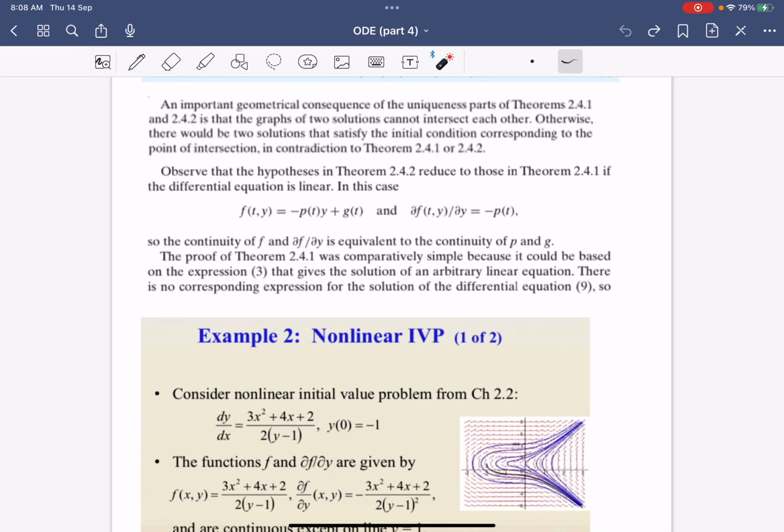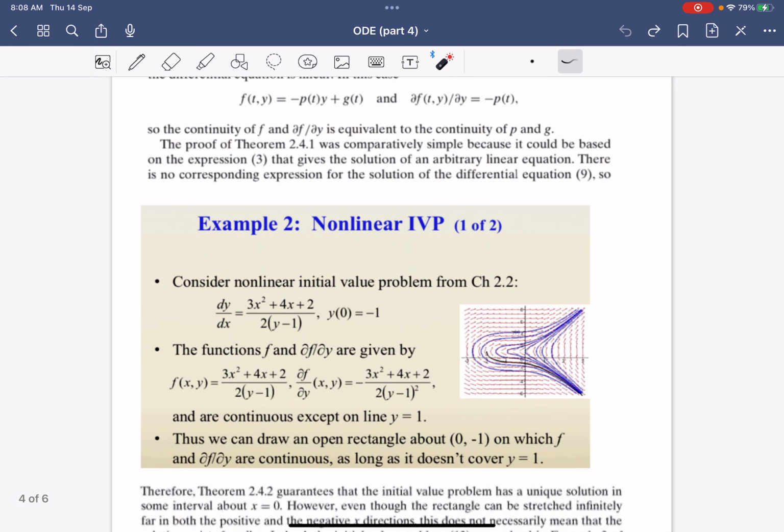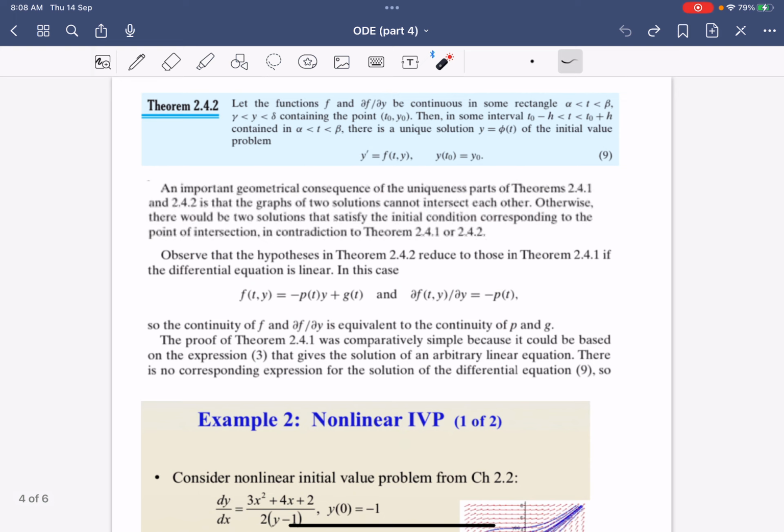For the proof of theorem 2.4.1, the linear version only, it was simpler because we had an expression that we can use to verify the solution. But in this case, because it's the non-linear version, there will be no expression that we can use, as there will be no integrating factor.